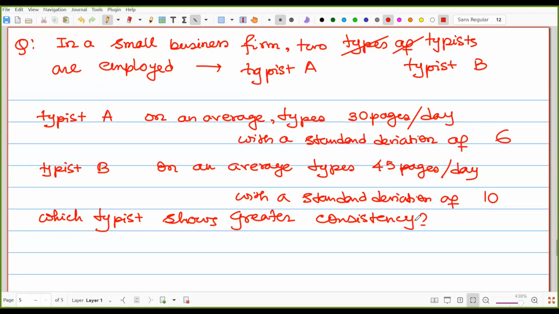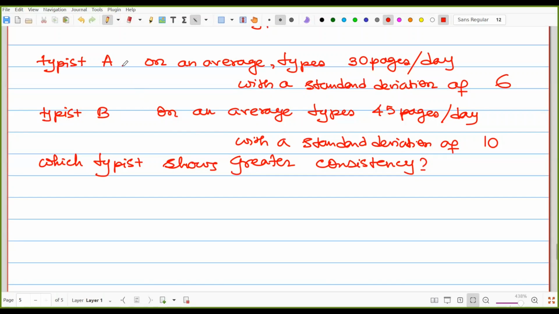And for that particular thing, we have to think about the coefficient of variation. So first we find the coefficient of variation for typist A: sigma A divided by mu A into 100 percent.